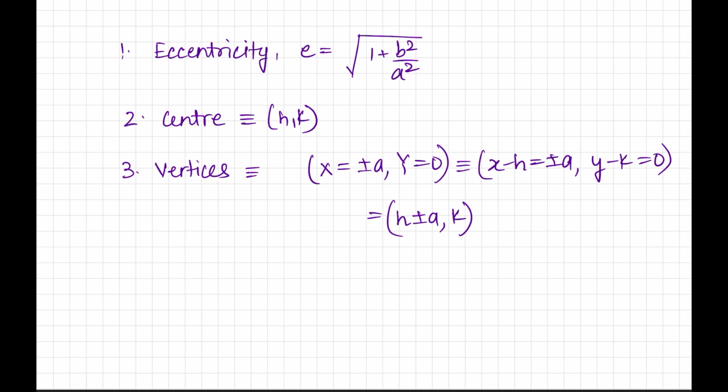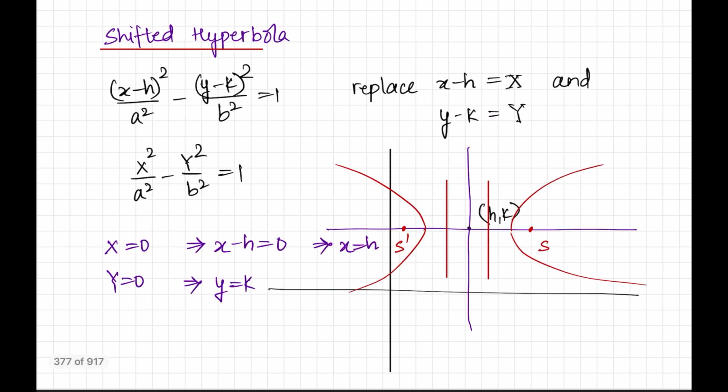So these two points represent the vertices. If we look at the diagram, here is the first vertex and here is the other vertex. If we name them A and A dash, A will have coordinates h plus a comma k, and A dash will have coordinates h minus a comma k.